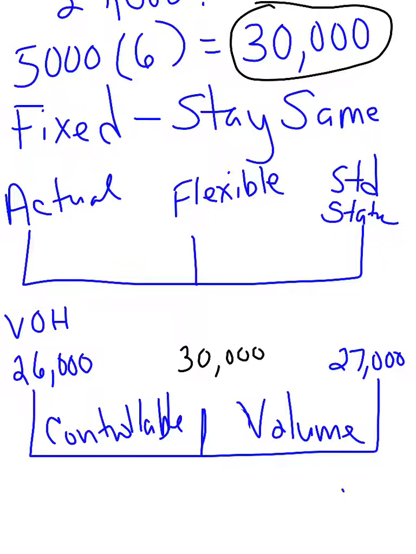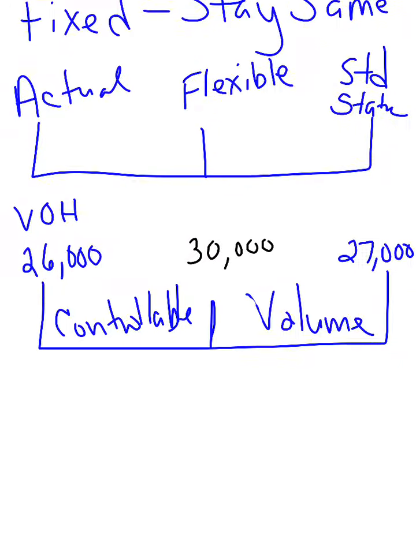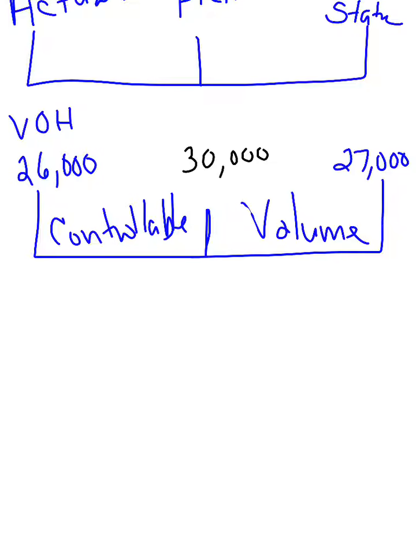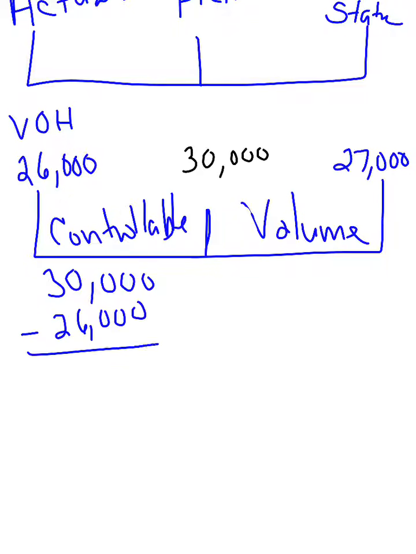What we find is that we have a controllable variance, and we're looking at the 30,000 minus the 26,000, and so that's giving us a total of 4,000.